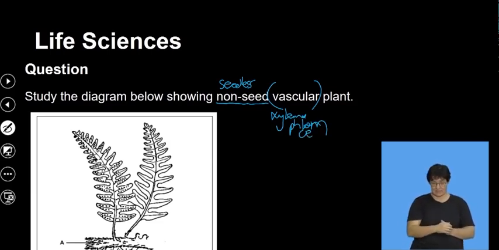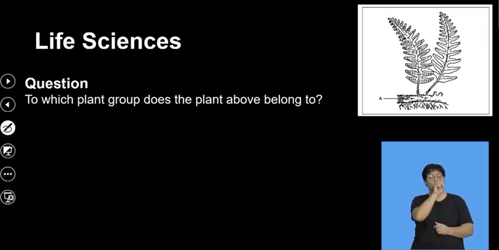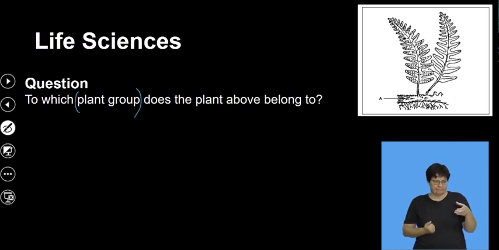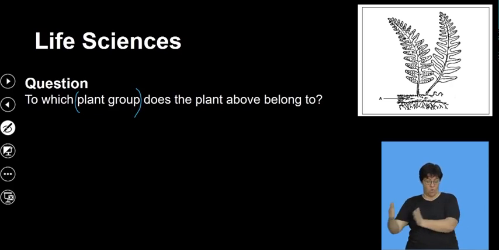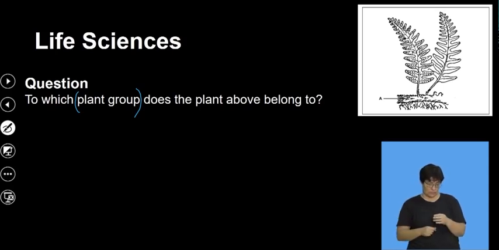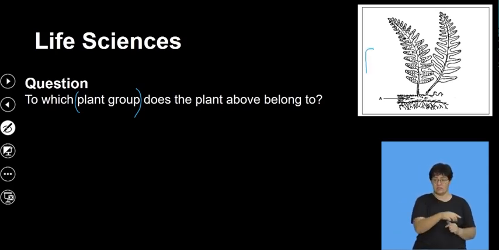So what kind of questions can we ask you? There's some simple questions here that you need to know your work. So the first question is, to which plant group? Now remember I said to you there were 4 different kinds of plant groups: the bryophyte, the pteridophyte, the gymnosperm, and the angiosperm. And this is a fern. So the plant group, you cannot say fern.